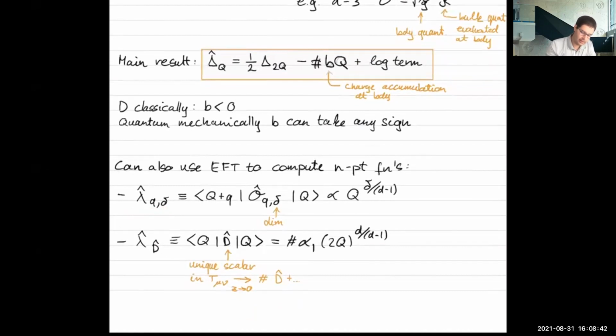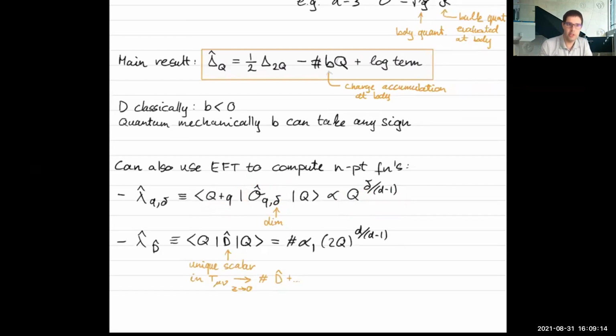So we take in the half cylinder picture a matrix element between a large Q state with a little bit more charge, and a light operator of charge little q and dimension little delta. And from just scaling arguments, the answer will go as Q to the little delta divided by d-1.